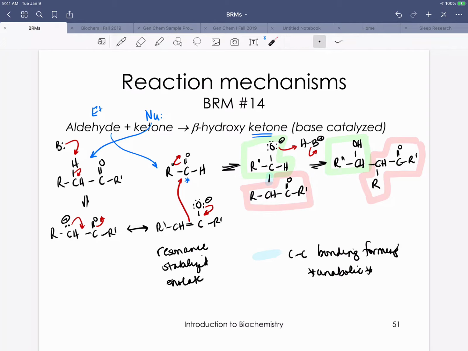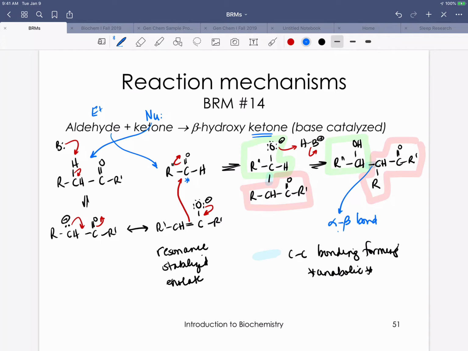And so kind of learning to recognize that this kind of a bond represents a labile bond. So let me highlight in our second structure here. It's this bond, and this bond is an alpha beta bond.